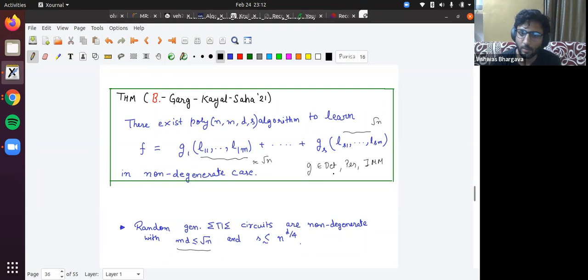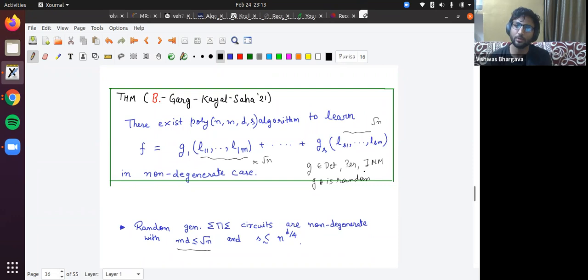If G_i belongs to this family, or is a random polynomial, then we can learn this representation. Although G_i can be an extremely complicated polynomial, it essentially depends on square root n many variables.